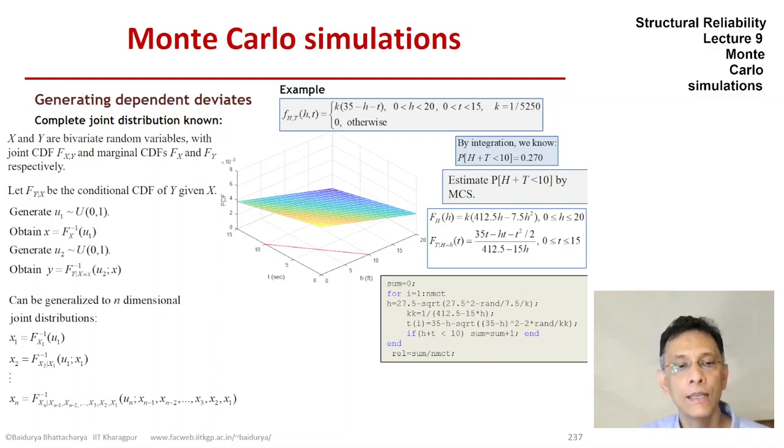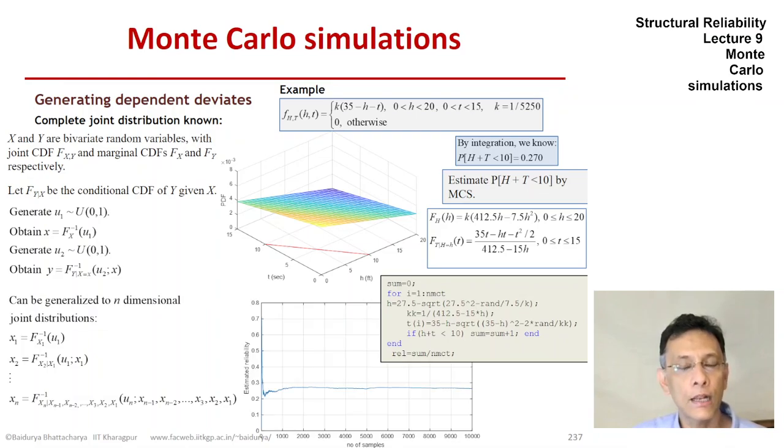If it is, then we increase a counter, which is sum, by 1, and once we are out of the loop, the probability of H plus T less than 10, which we soon will call reliability, would be the ratio of the counter over the total number of trials.